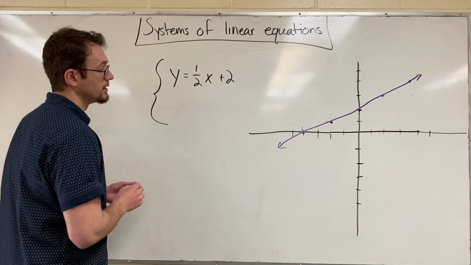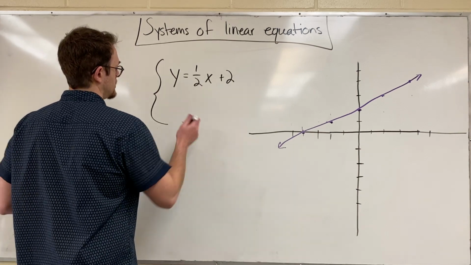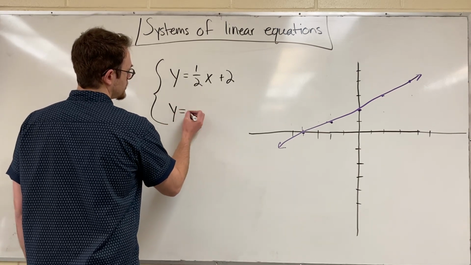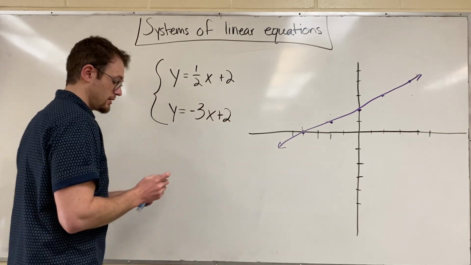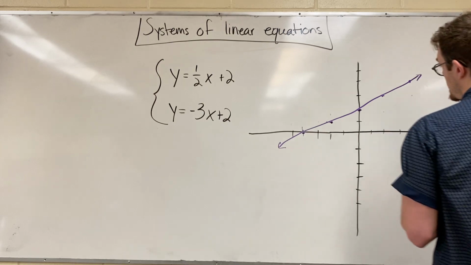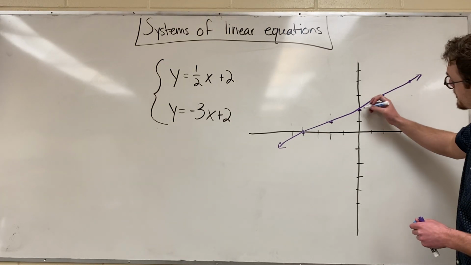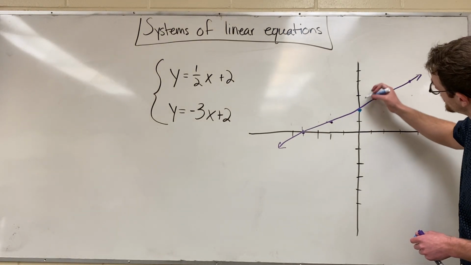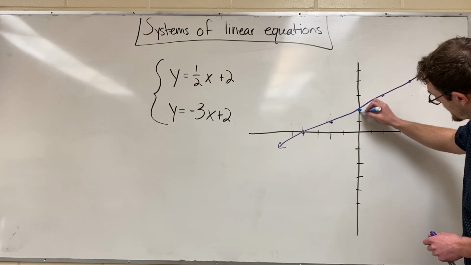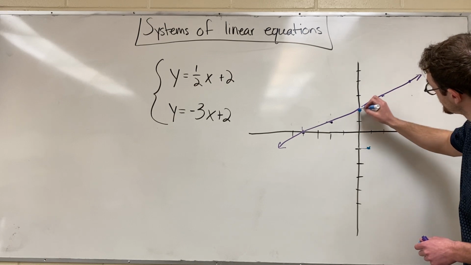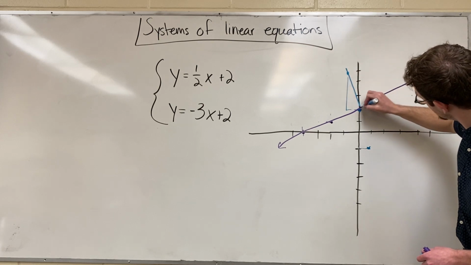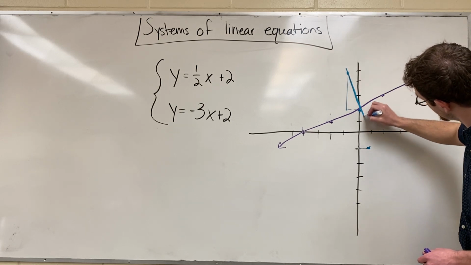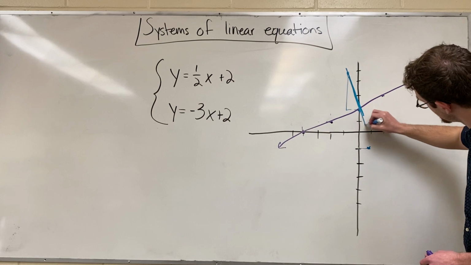Actually, let's do y equals negative 3x plus 2. So it has the same y-intercept, so it needs to cross right here also. And it's going to go down 3 over 1 and reverse it. Oh my gosh.